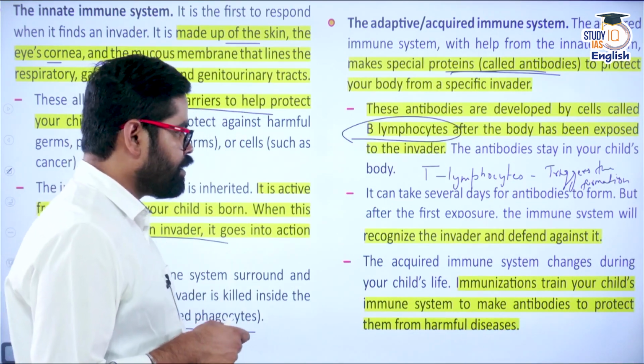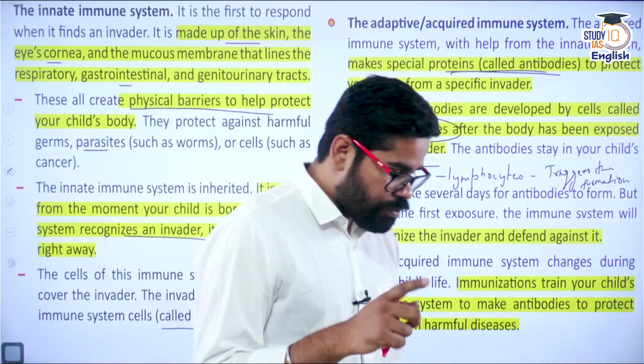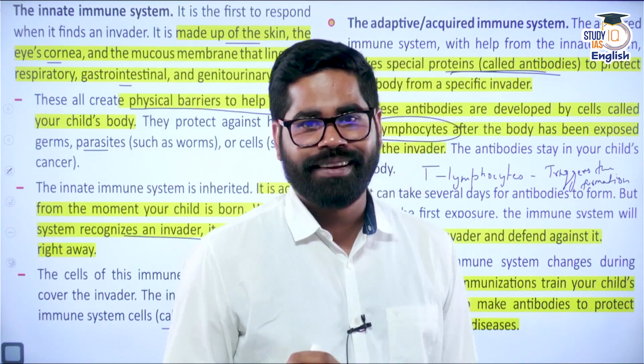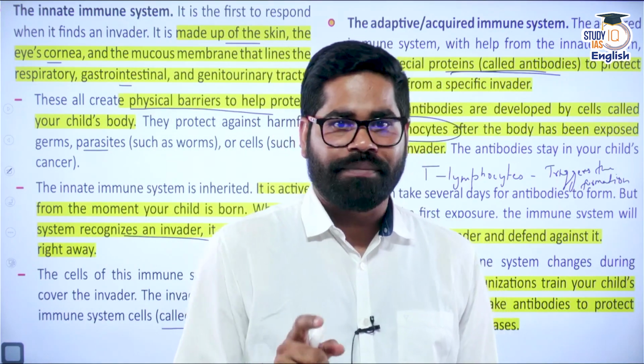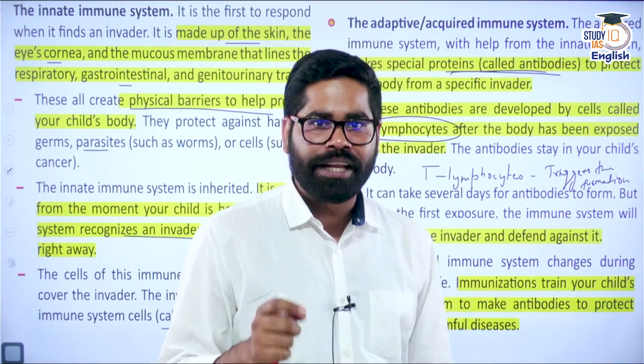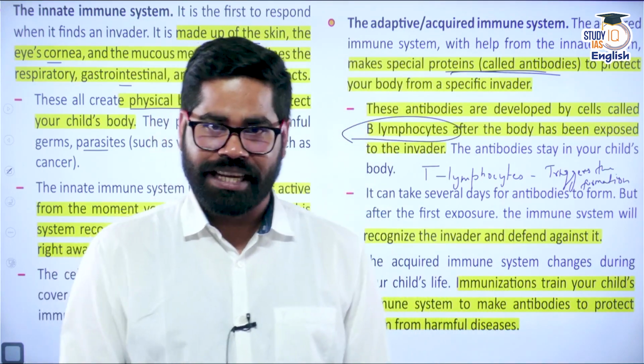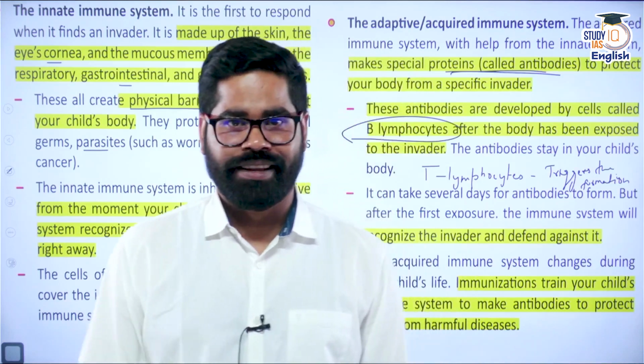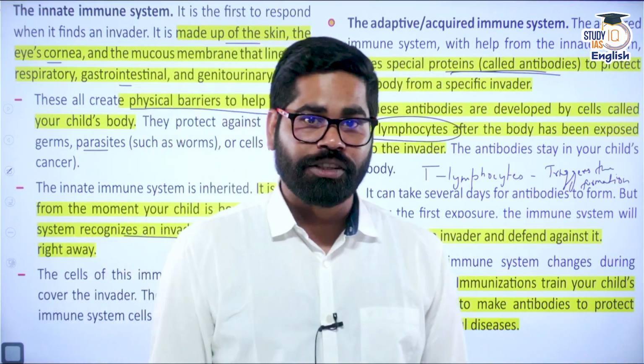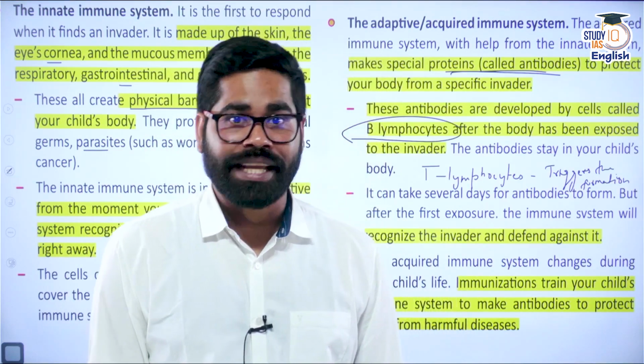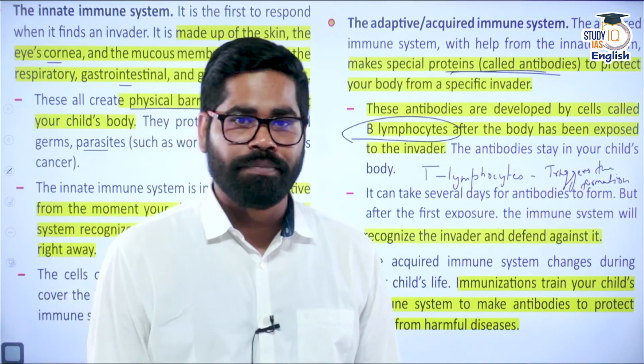Now, there is one thing which you should keep in mind. For the first time, the body may take several days to form the antibody, because it has to analyze how the bacteria is functioning and what the different proteins are. It has to make new antibodies.